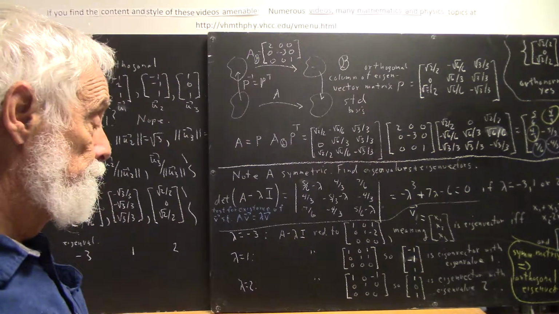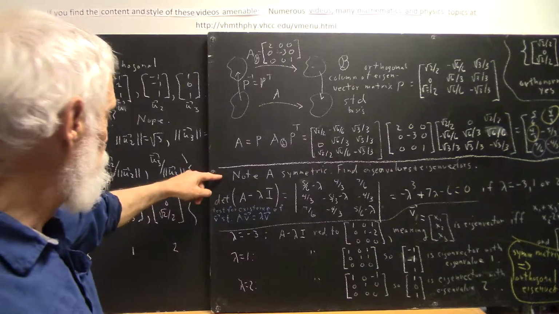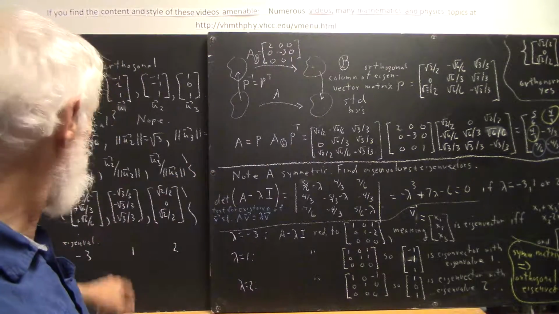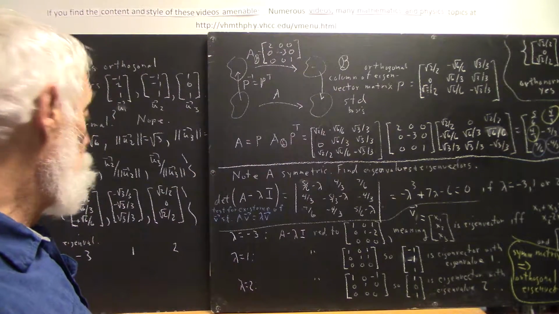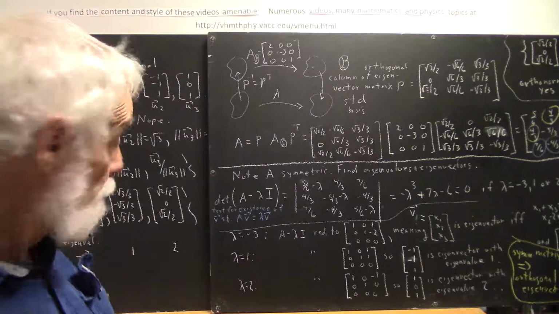So we have it. Now the process from here to here would be a diagonalization process.